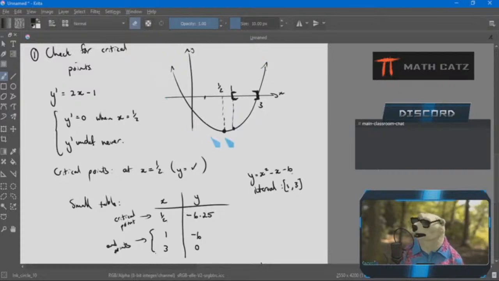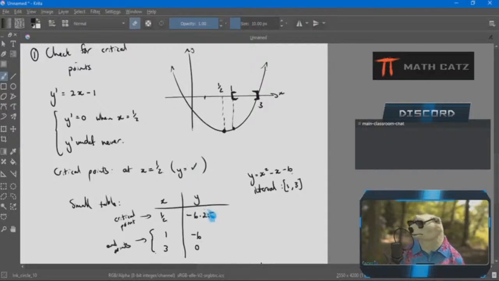When I look at the whole graph, for this parabola, there is a minimum at 1/2, right? It's the lowest point. I get to negative 6.25. But on the interval, that's not allowed because x can't be 1/2 on this interval. I have to, unfortunately, say that doesn't apply.